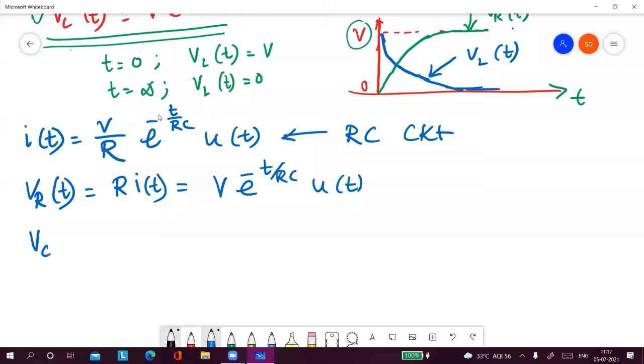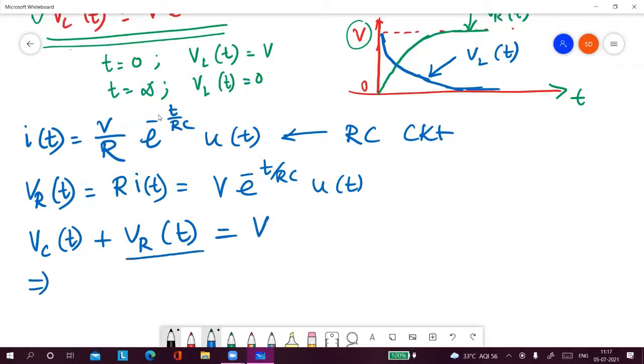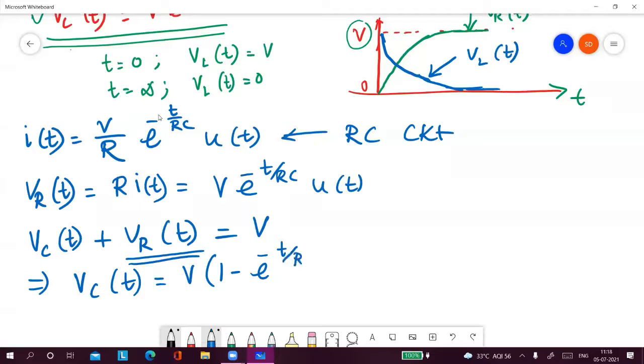And the Vc(t) plus VR(t) is equal to the applied voltage V, which is the DC. So now you replace VR(t) here, therefore Vc(t) will be V into 1 minus e to the power minus t by RC.